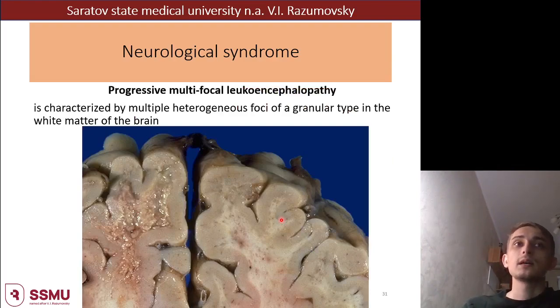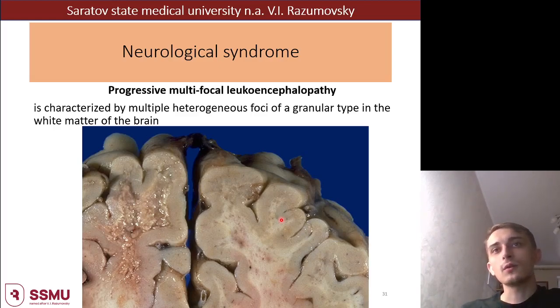The next manifestation of neurological syndrome is progressive multifocal encephalitis, and it's characterized by multiple heterogeneous foci of the granular type in the white matter of the brain, and you may see this damaged area here.